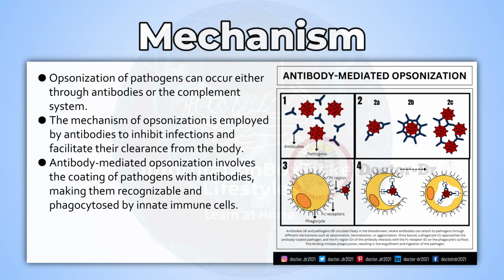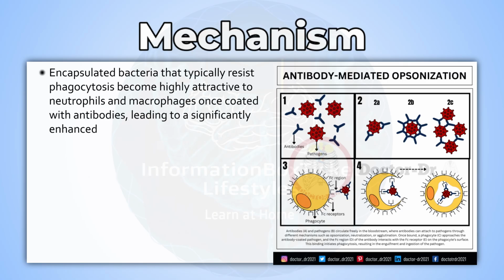Antibody-mediated opsonization involves the coating of pathogens with antibodies, making them recognizable and phagocytosed by innate immune cells. Encapsulated bacteria that typically resist phagocytosis become highly attractive to neutrophils and macrophages once coated with antibodies, leading to a significantly enhanced rate of clearance from the bloodstream.